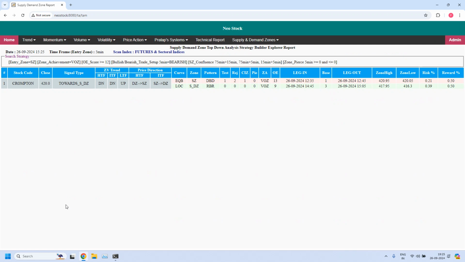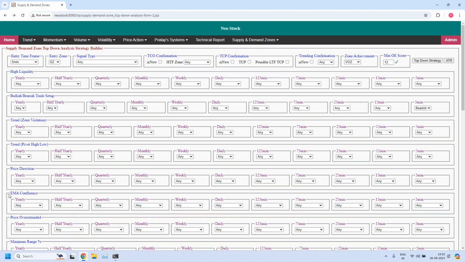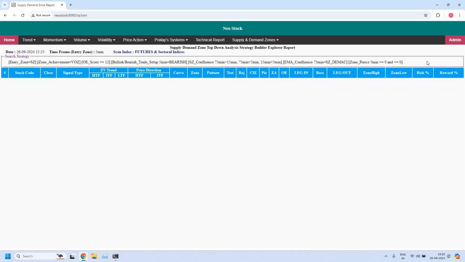If this supply zone is having EMA confluence, it's a high probability setup. Let's verify. In the EMA confluence, the 75 minutes supply zone with the daily EMA confluence enabled. No, it is not having any EMA confluence. Only LTF, ITF, HTF confluence is there, Crompton.